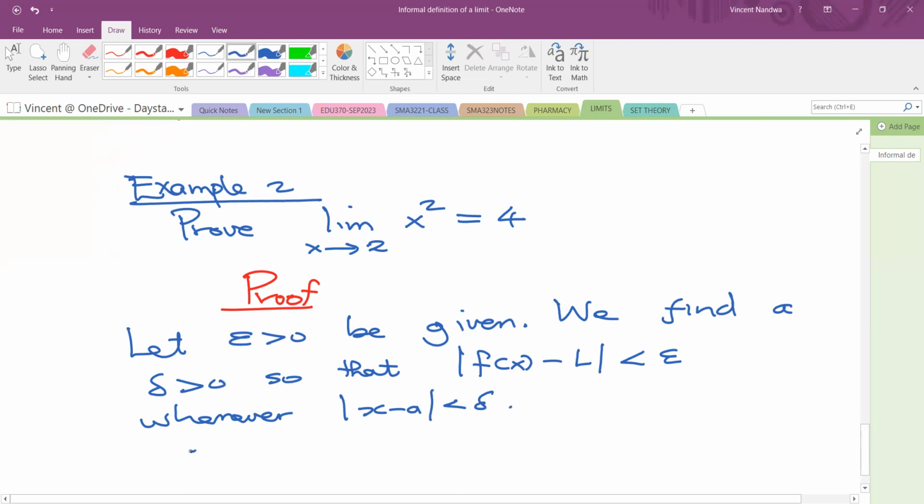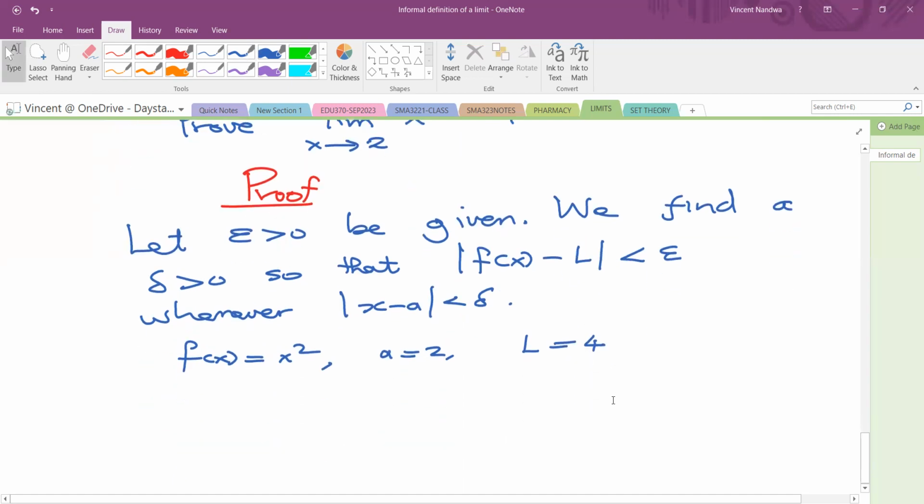And in our case, f of x is given by x squared, a is given by 2, and then L is given by 4. So the absolute value of f of x minus L will be given by the absolute value of x squared minus 4. We expect this to be less than epsilon.